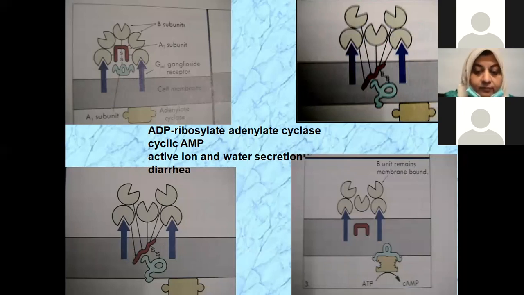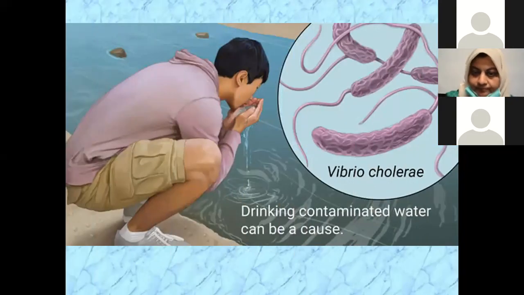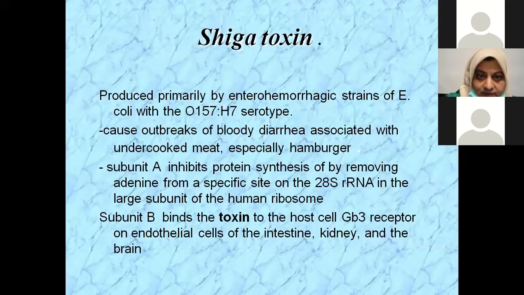The diarrhea is very voluminous, and within a very short period of time, the person becomes dehydrated. And this infection is transmitted through contaminated water and seafood. This is Vibrio cholerae, the bacterium that is the culprit secreting this type of toxin.